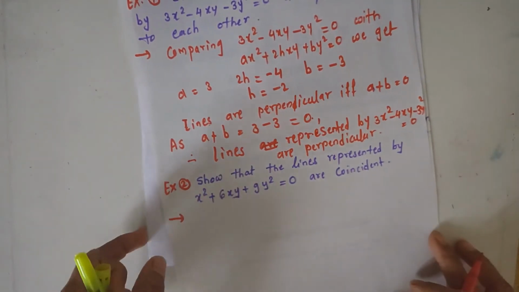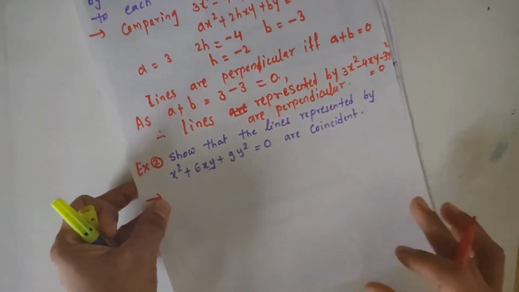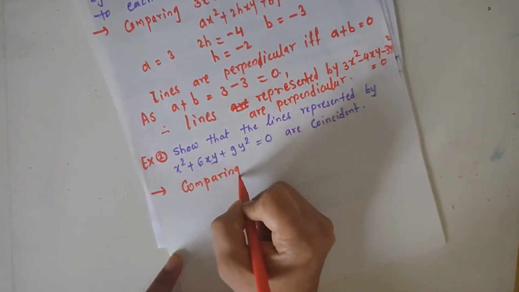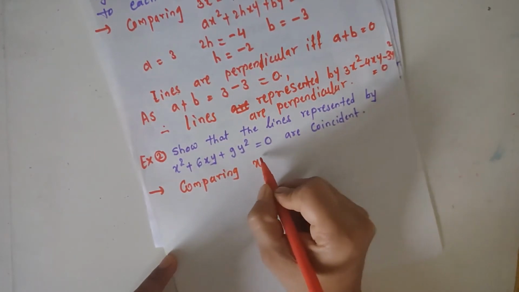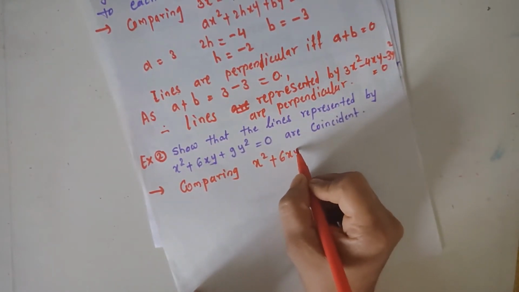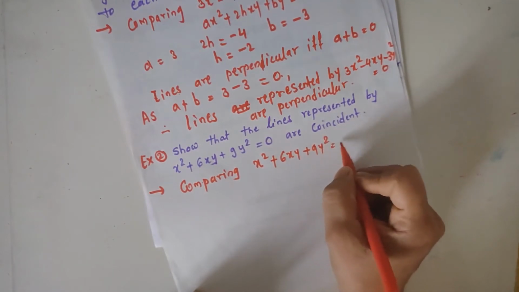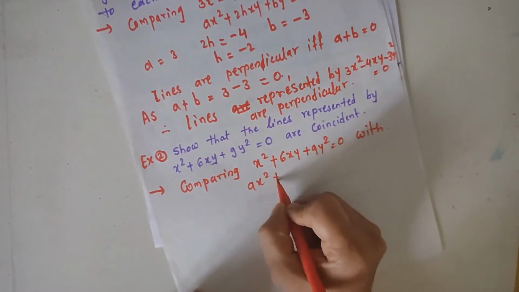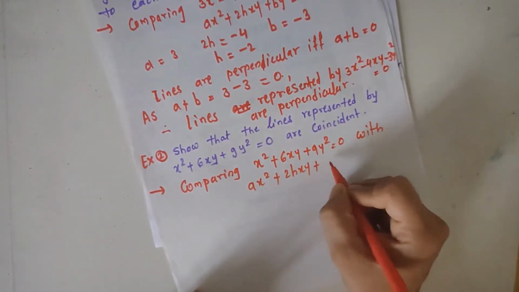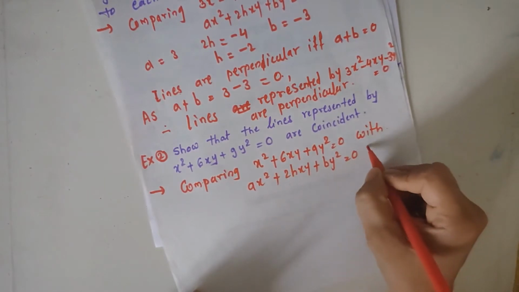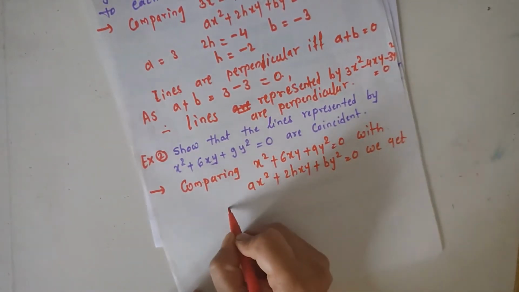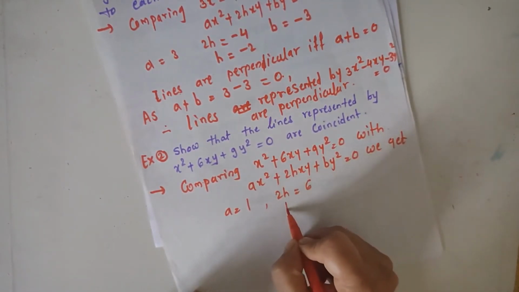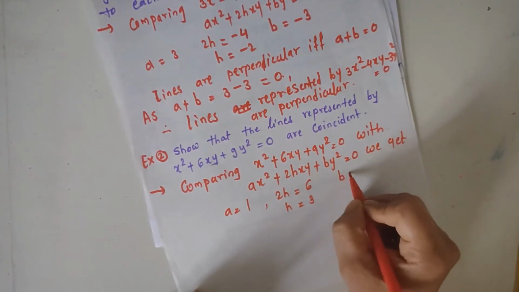So using this condition, first comparing the given equation x square plus 6xy plus 9y square is equal to 0 with the homogeneous equation of degree 2, that is ax square plus 2hxy plus by square is equal to 0. We get a is equal to 1, 2h is equal to 6, therefore h is equal to 3, and b is equal to 9.